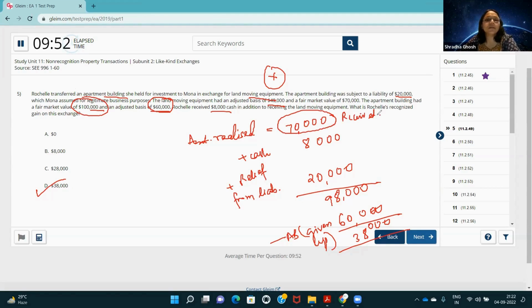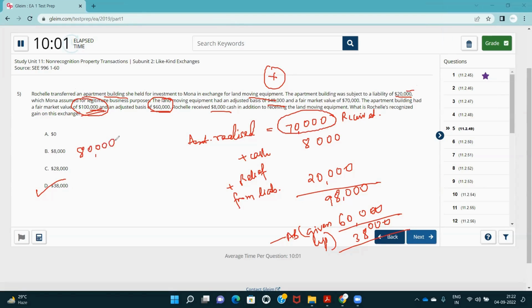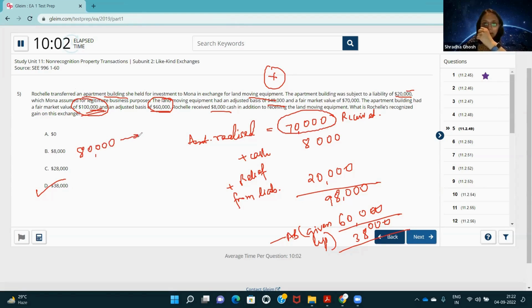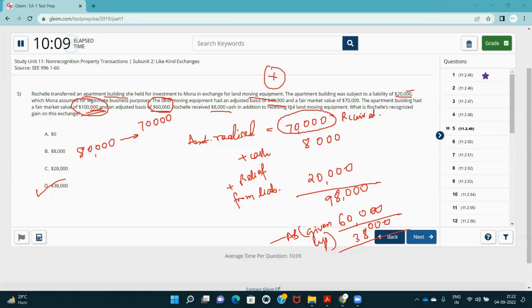Okay, real life में देखो क्या हो रहा है? Real life में he is giving something worth 100 minus 20, 80. Yes or no? 80 का सामान दे रहा है. He's giving you equipment with a fair market value of 70. और उसके साथ साथ 8,000 cash दे रहे हैं.